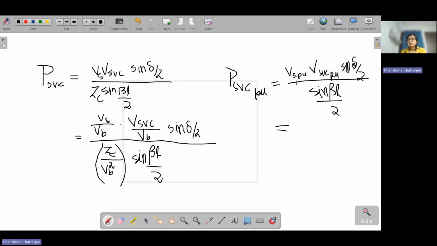So this sending end voltage per unit value, we can take 1 per unit. And what is VSVC per unit? That is equal to Vref, because now the slope of the control characteristic is 0. So 0.957 and then sine 45 degree. Sine 45 degree is 1 by root 2, that is 0.707.